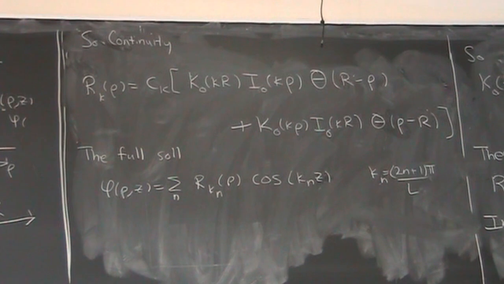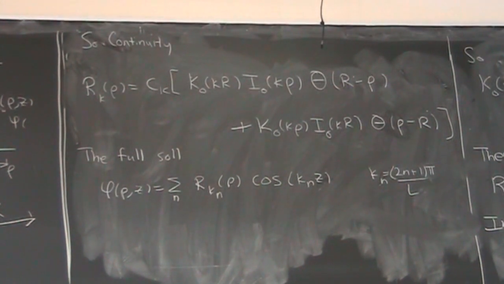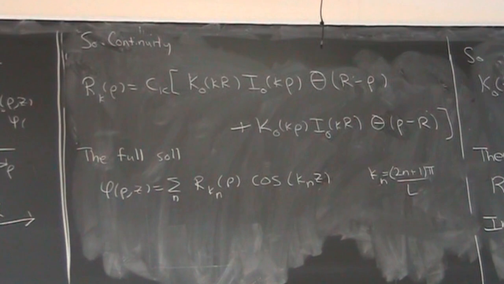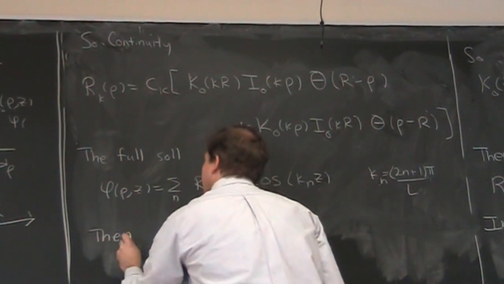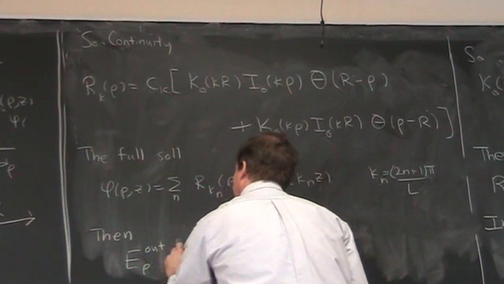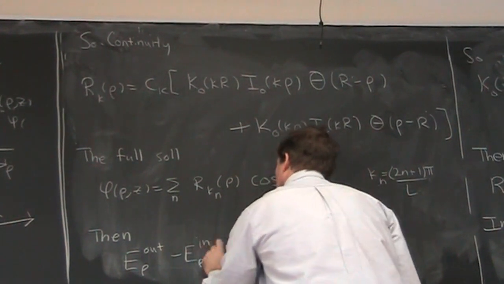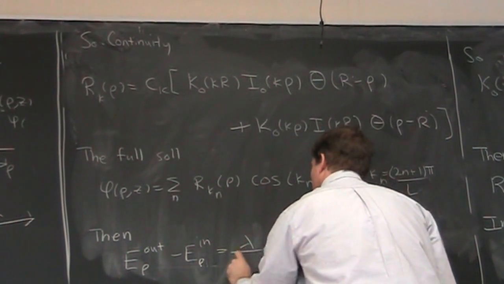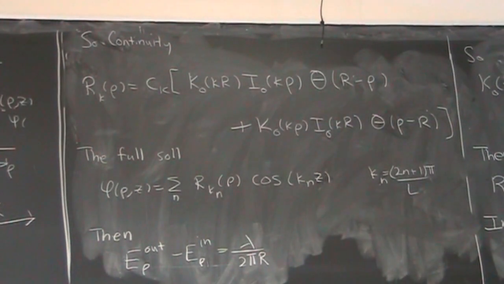Okay. All right. So now we need to use finally the boundary conditions, right? So E rho out minus E rho in should be the surface charge density. All right.